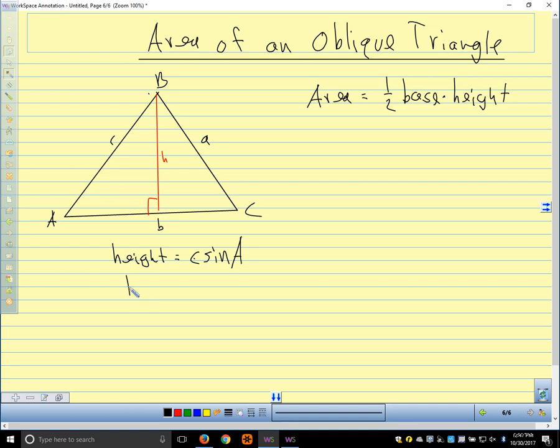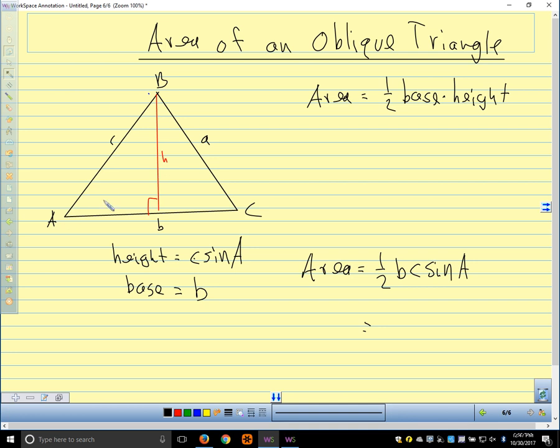And what's the base? The base is B. So the area equals 1/2 BC sine A. So to find the area of a triangle, we just need to know two sides and the angle between them, and we can use this formula.